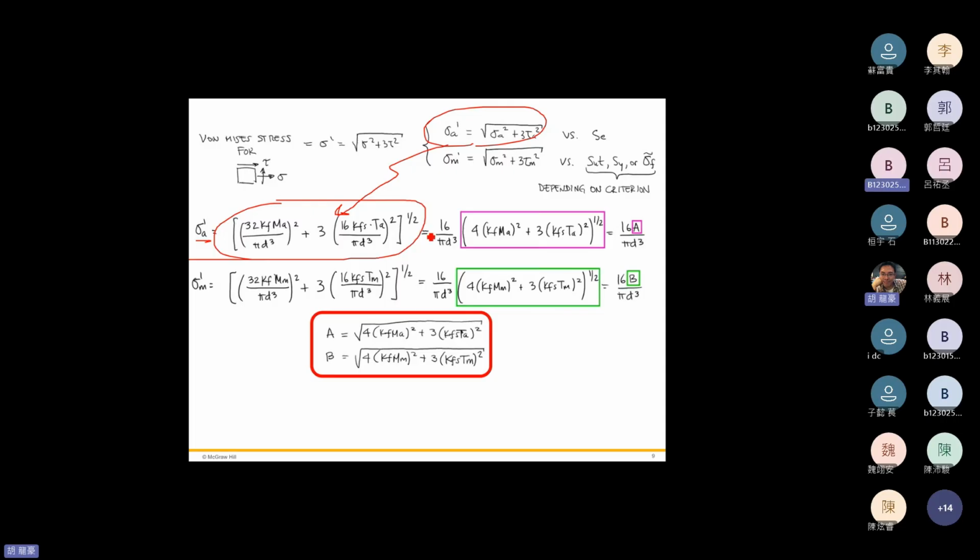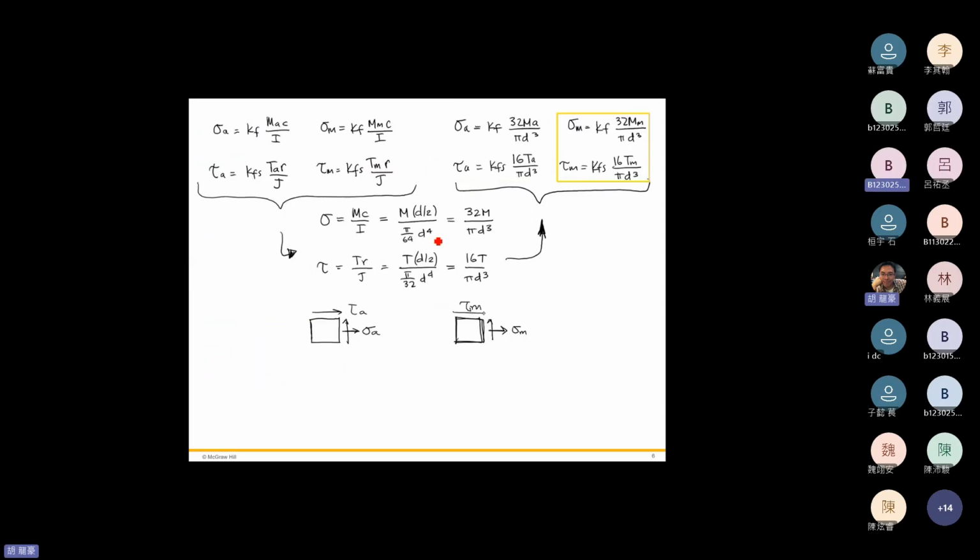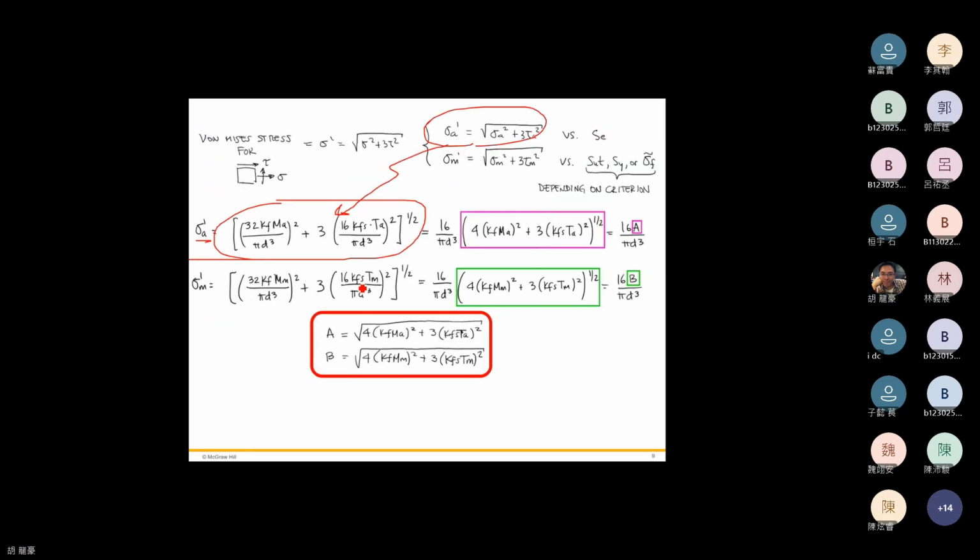We're going to plot the vectors that we already figured out right here, and the sigma M prime. Okay, the sigma M prime, we already got it, right? So it's equal to this term.